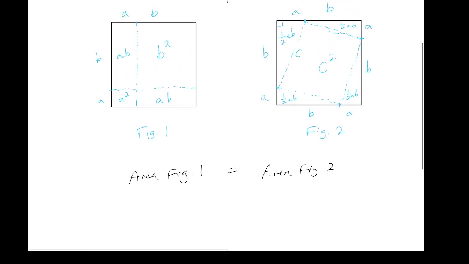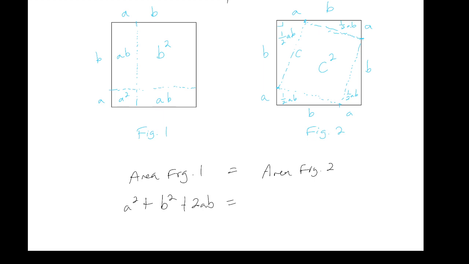So the area of figure 1 is A squared, right? We're going to take a composite area, the sum of all these areas, plus B squared, plus those other 2 ABs, so 2AB.